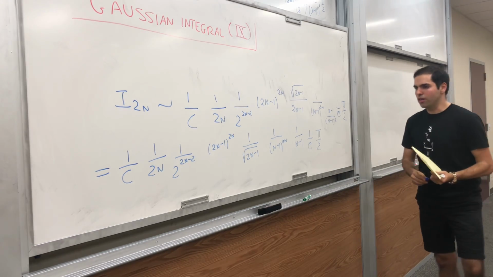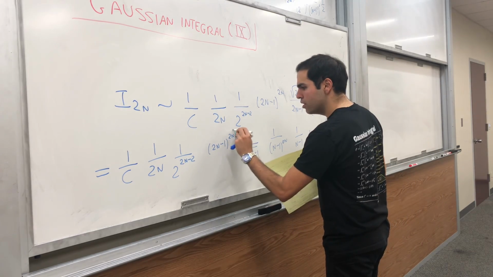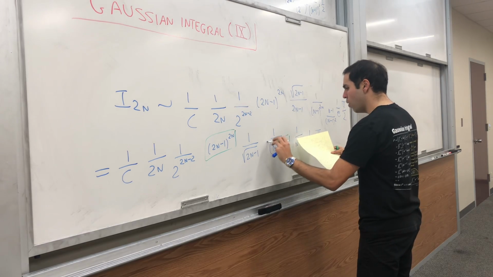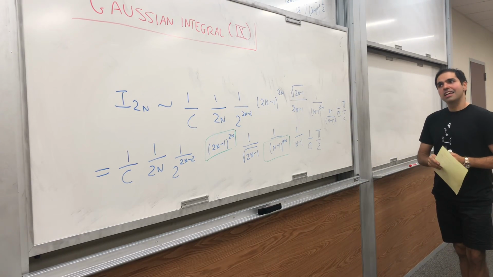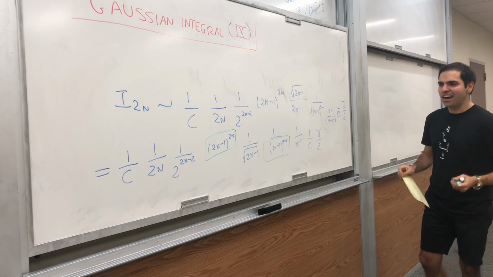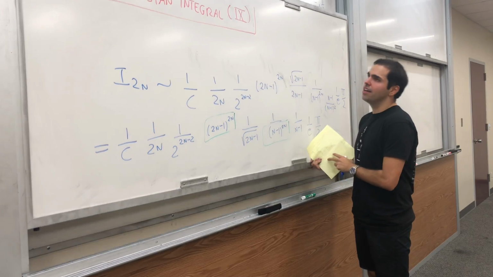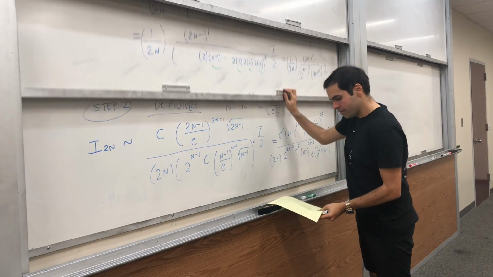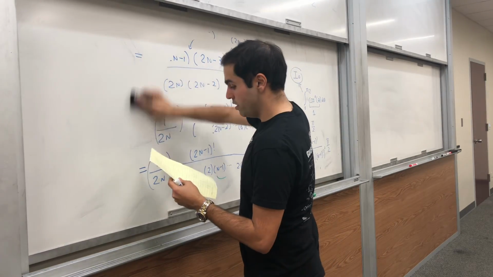Here's why it's useful. It's because of those two terms. So notice, other than this 2 to the 2n minus 2, those are the only terms which have powers of n. And the reason this is nice is because now we have the following formula, which makes sense if you think about it.